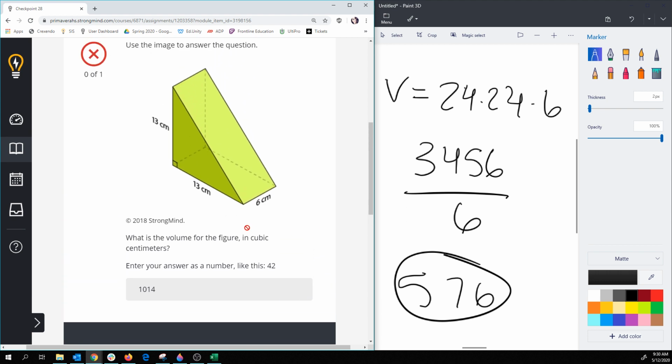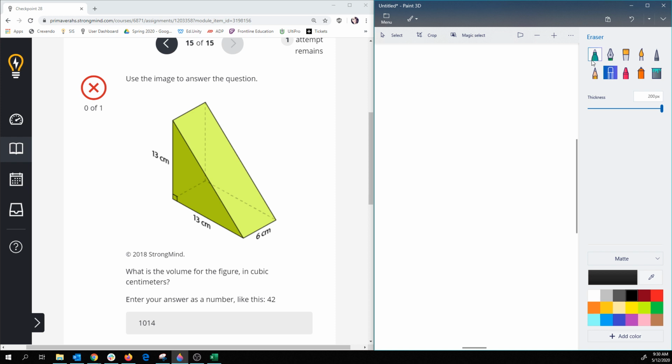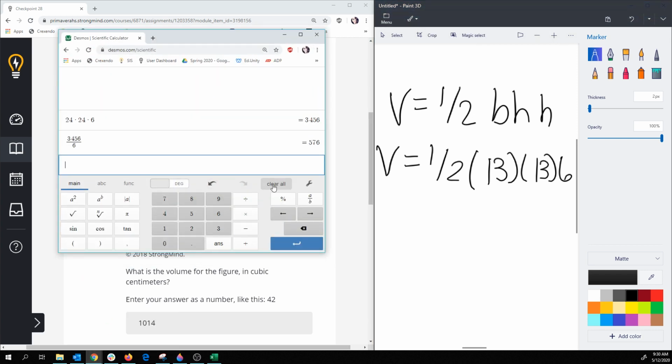All right, and then last one. So the last one here is a triangular prism, and we want to know what the volume is. So we have 1/2 base times height times height. 1/2 times 13 times 13 times 6. Plug that into a calculator.